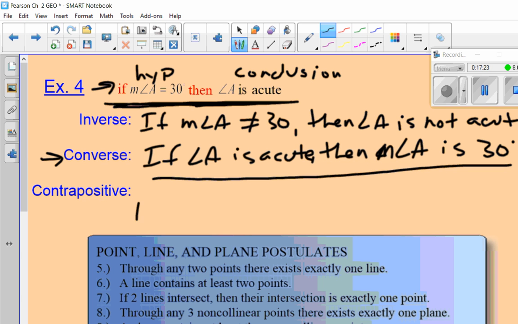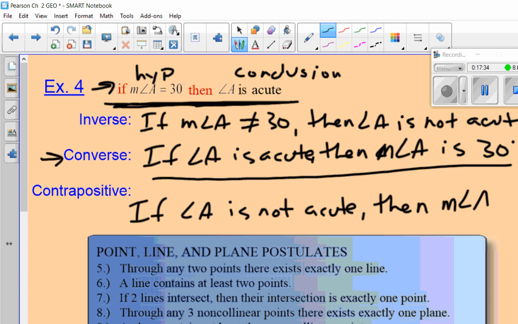So if angle A is not acute, then the measure of angle A is not 30 degrees. Now that's true. If it's not acute, then it can't be 30 degrees.